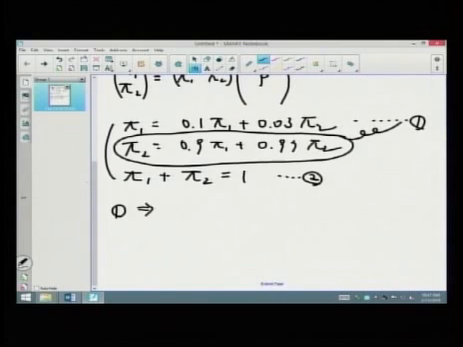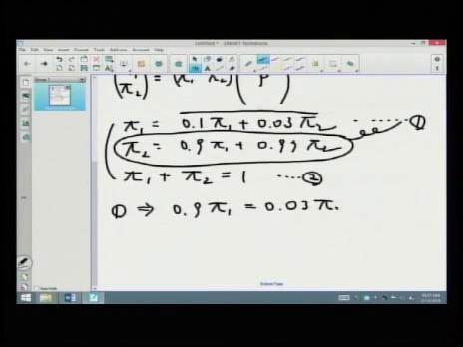Then I can rewrite equation number 1. I'm going to move everything on the right-hand side to the left-hand side. Then we are going to have 0.9 pi 1. Actually, I can leave the pi 2 terms on the right-hand side. So I have 0.03 pi 2, right? So what is that? 30 pi 1 equals pi 2. Is that right?